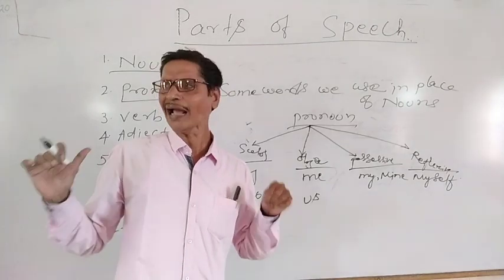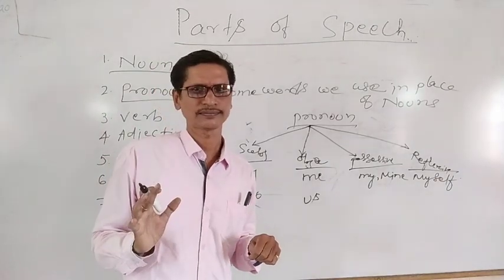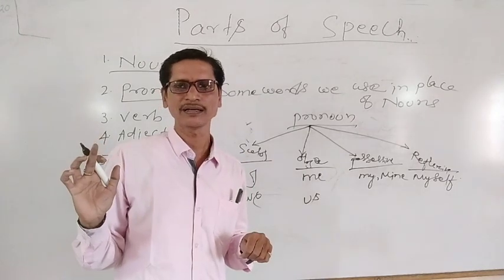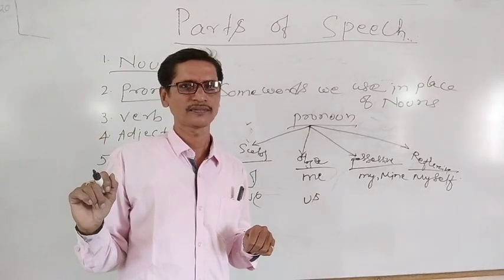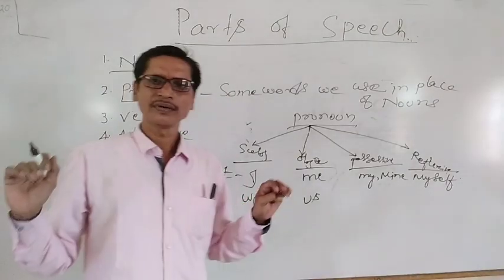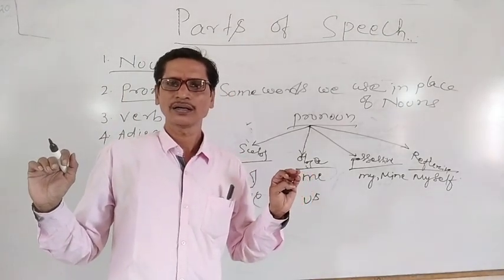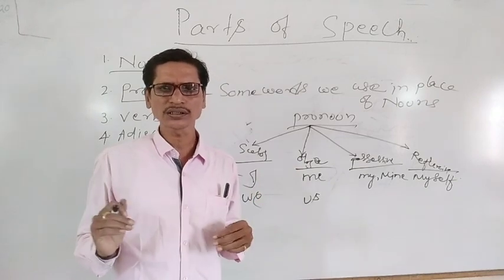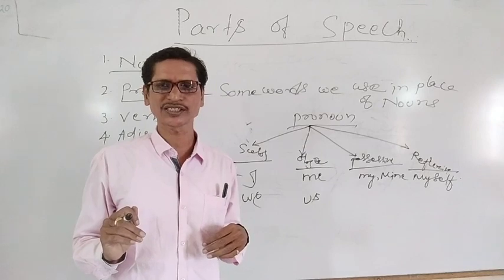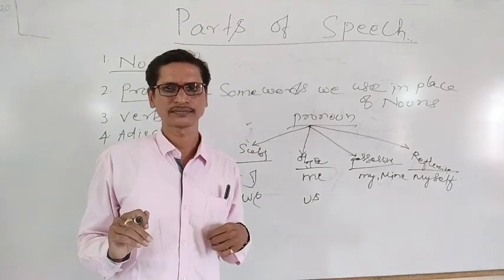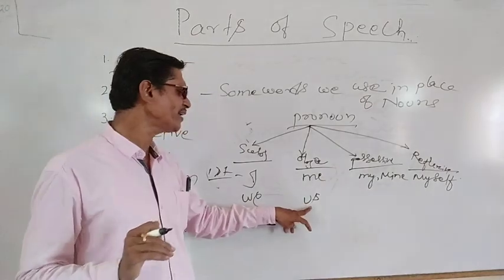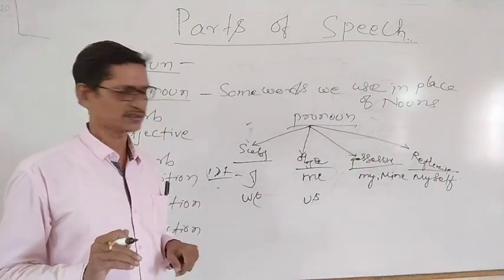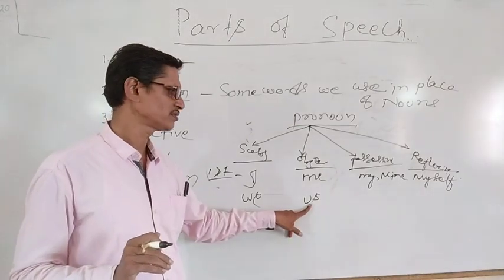Hari gave us a good treat. On my birthday, my friends gave me presents. Our teacher told us to write the exercise. So when we use this pronoun as an object, we use us.